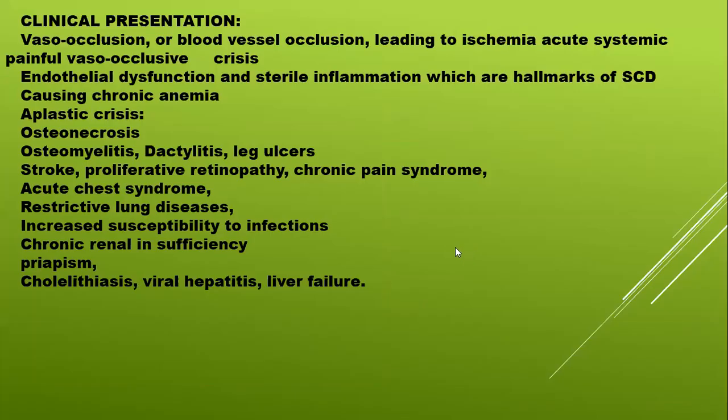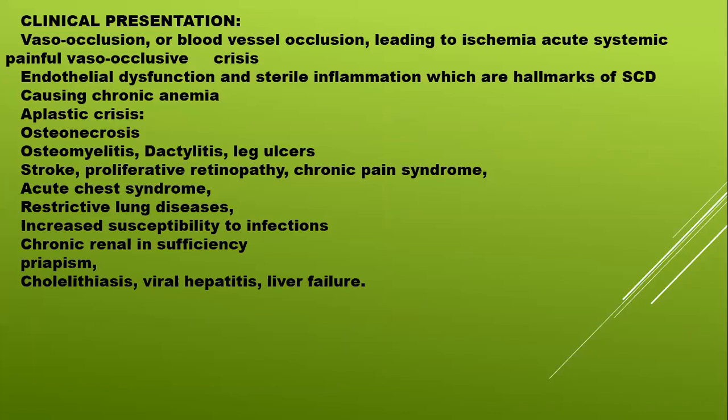Clinical presentation in sickle cell disease: vaso-occlusion, or blood vessel occlusion, leading to ischemia and acute systemic painful vaso-occlusive crisis. Second thing here is endothelial dysfunction. Third thing is sterile inflammation. These all are hallmarks of sickle cell disease.